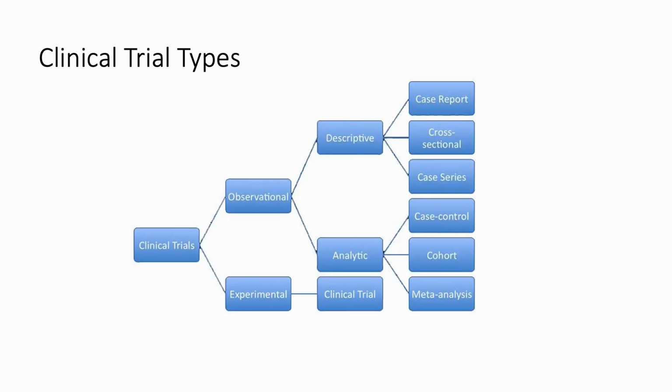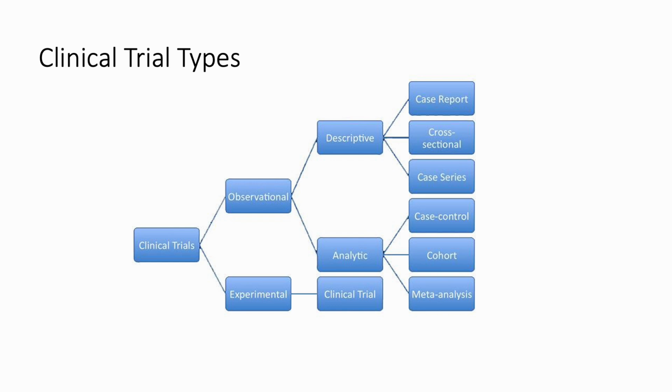So now let's go over the clinical study types. Here we have observational and experimental studies. Observational means that we just observe, and experimental means that we have some intervention.